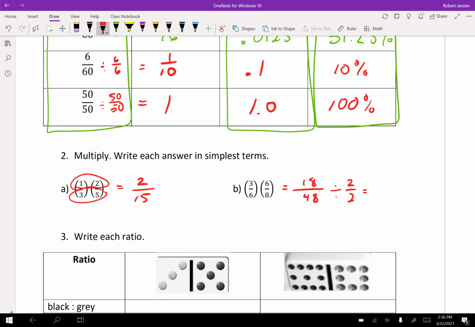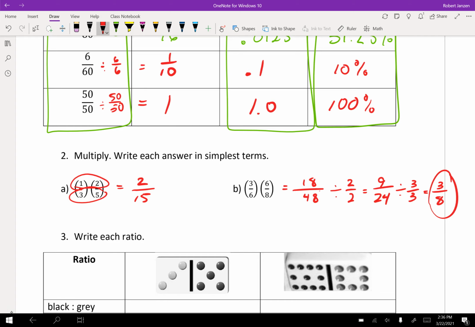If I divide 18 by 2, that's 9, and 48 by 2 is 24. Now, is that in simplest form? I can't divide both by 2, but I see that I can divide both by 3. And this gives me 3 over 8.